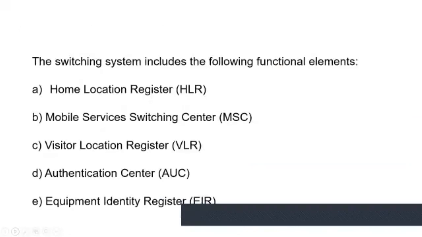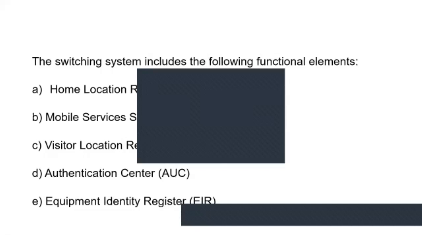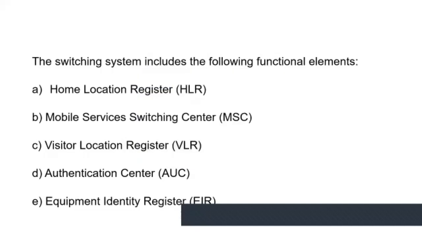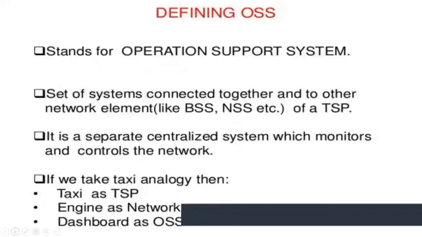The switching system includes the following functional elements: home location register, mobile service switching center, visitor location register, authentication center, and equipment identity register. These are different functional elements which are used by the system.